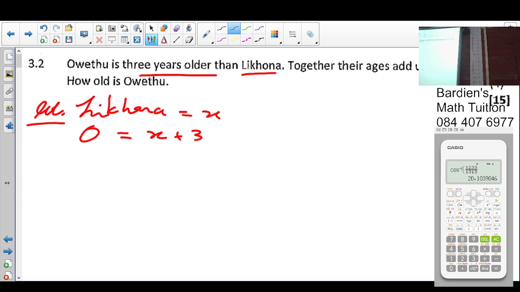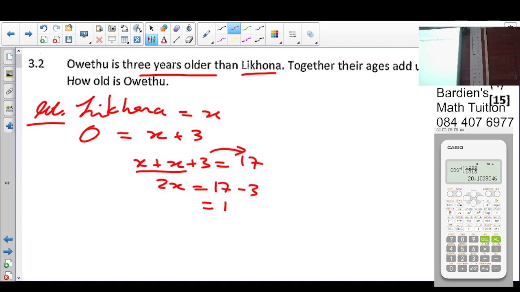So together, the age is x plus x plus 3, which is going to give us an answer of 17. So it's just a matter of solving for x. So 2x is equal to 17 minus 3, which is 14.